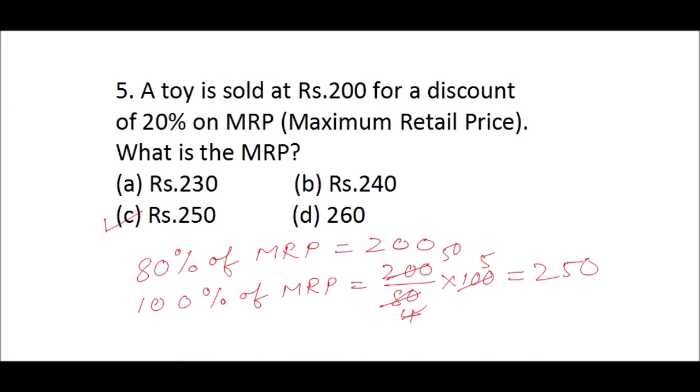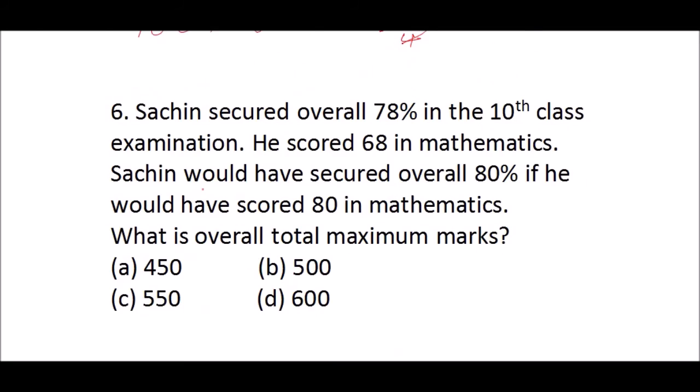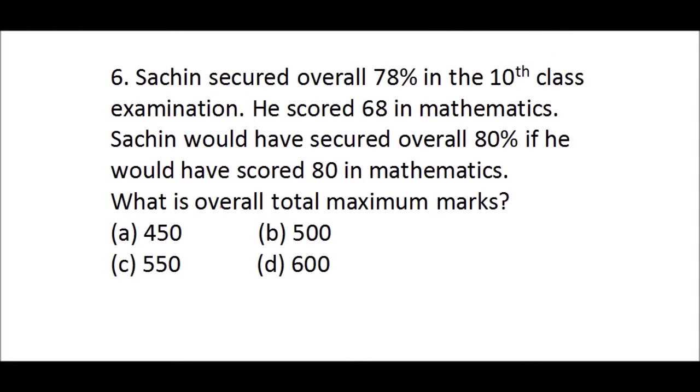Next question is, Sachin secured overall 78% in the 10th class examination. He scored 68 in mathematics. Sachin would have secured 80% if he would have scored 80 in mathematics.